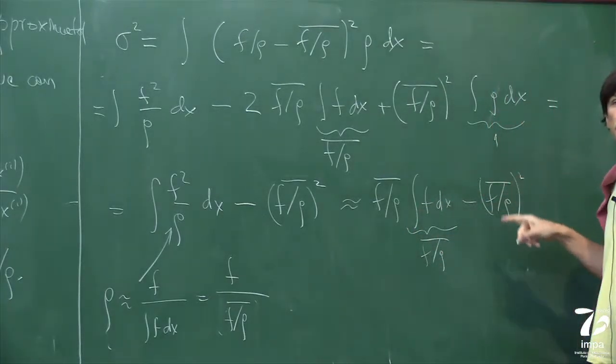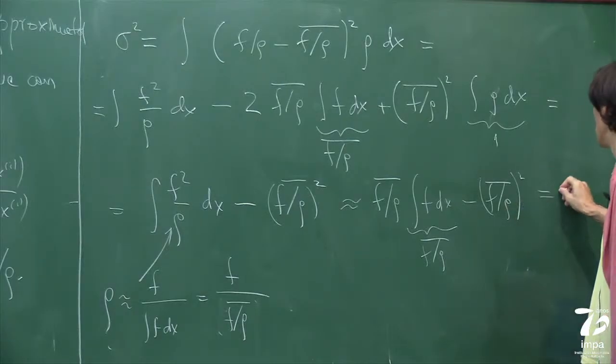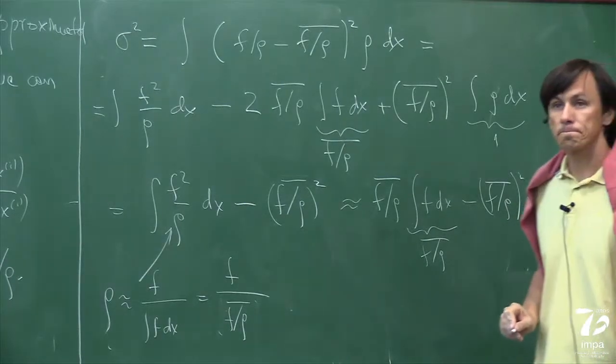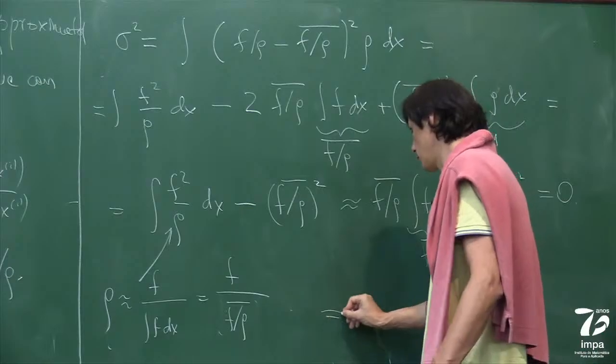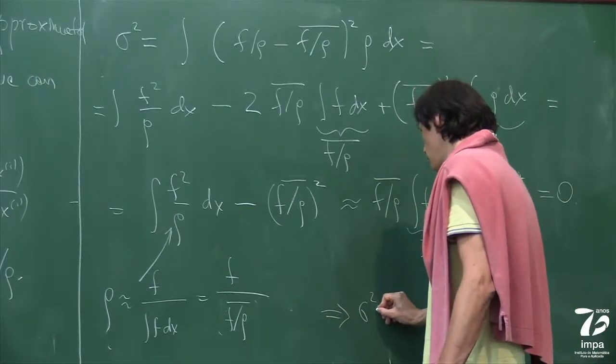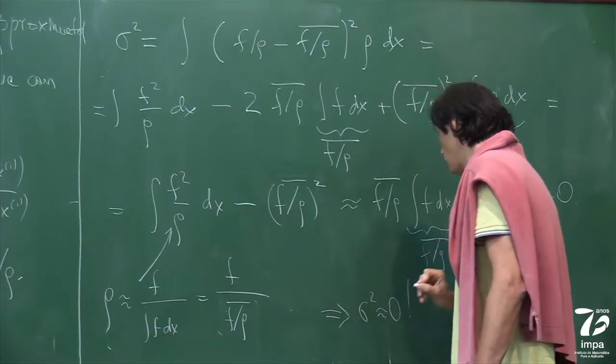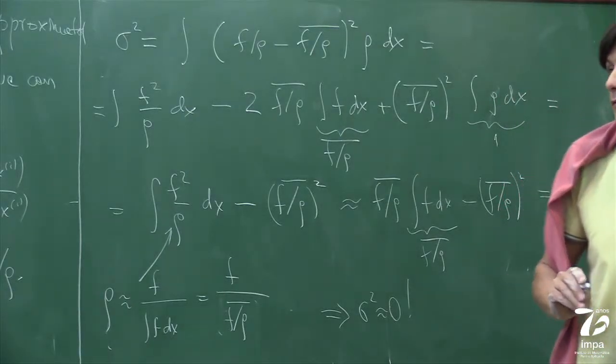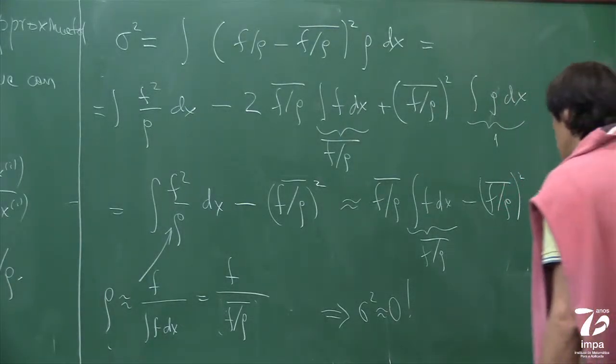And you see everything cancels. 0. So what we get is that the variance is 0. So this is a higher order method.